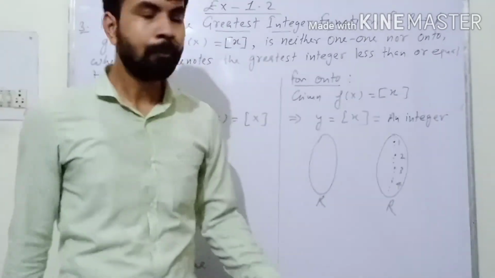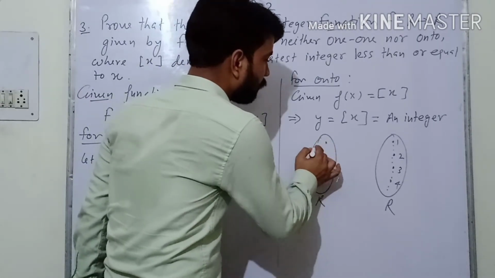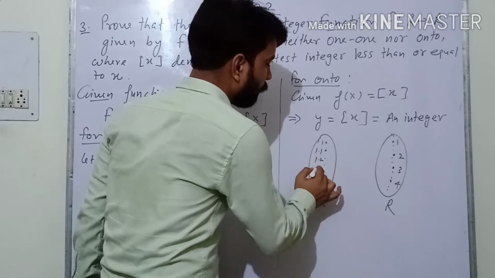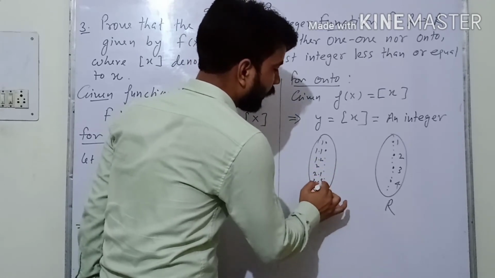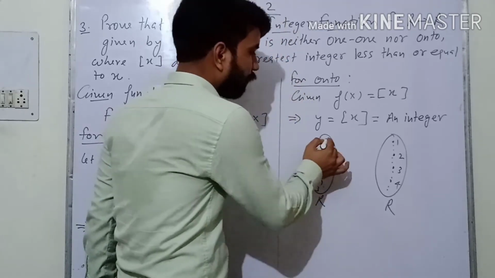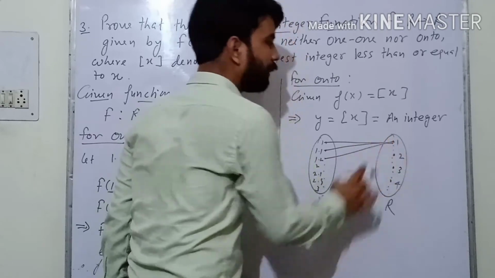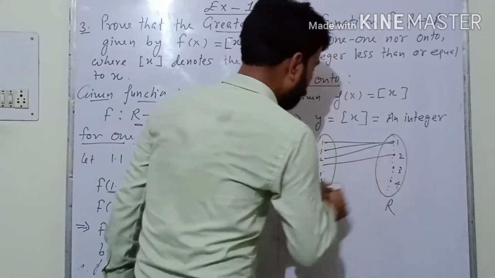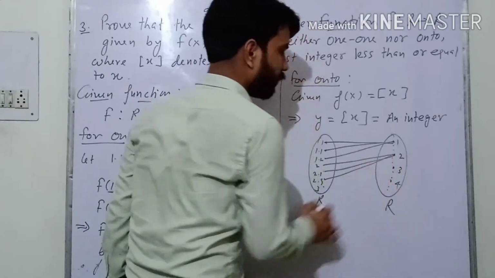And y is the image. Suppose here are the real numbers 1, 1.1, 1.2, 2, 2.1, 2.9, 3. See, the image of 1 is 1, the image of 1.1 is 1, the image of 1.2 is 1. Similarly, the image of 2 is 2, the image of 2.1 is 2, the image of 2.9 is 2.